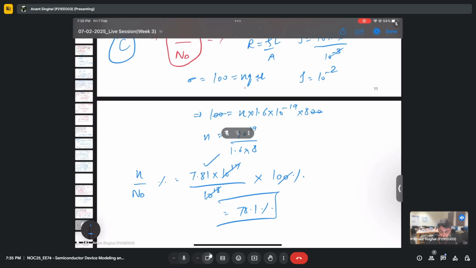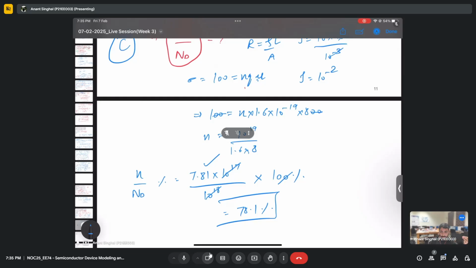So these are all the basics for this particular lecture: this is how the concentration we need to calculate, and these are the Fermi level differences. There can be many numericals from this topic.